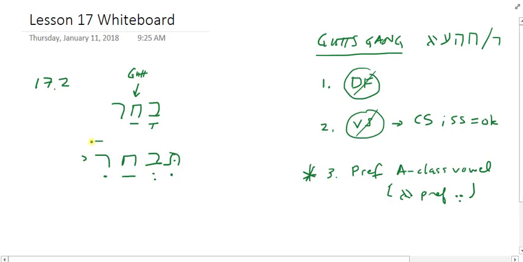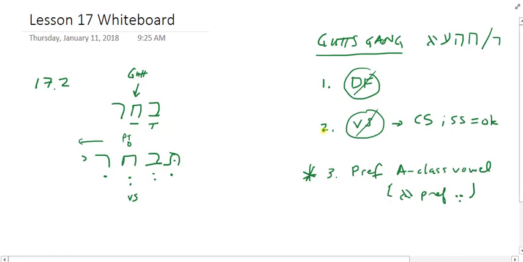Well, it's going to slide over and start a new syllable. It's going to leave the chet open and pretonic because the hireq yod is going to take the stress. And then what's going to happen to my patach when it's open and pretonic? It's going to reduce to what? A vocal shewa. And can I put a vocal shewa under a guttural?